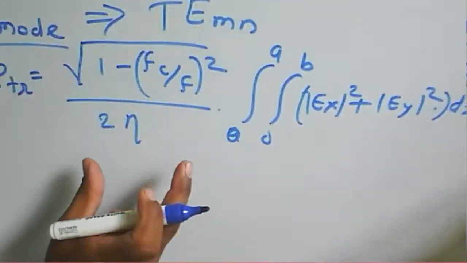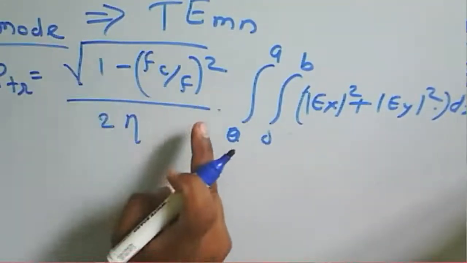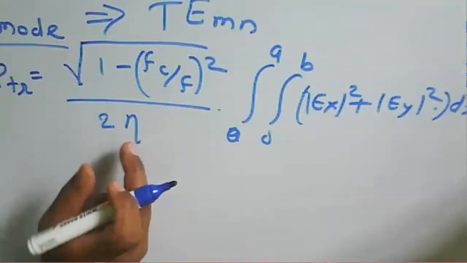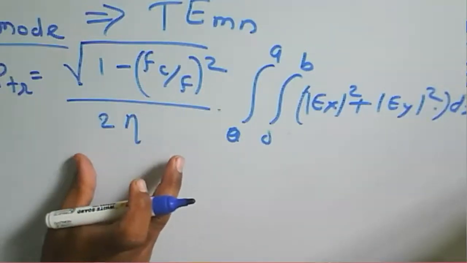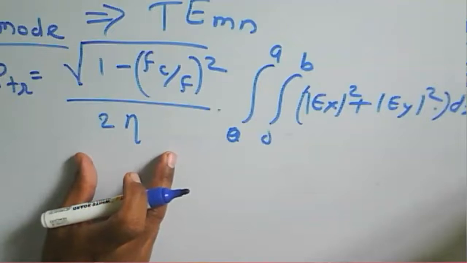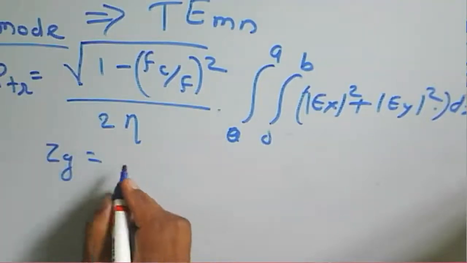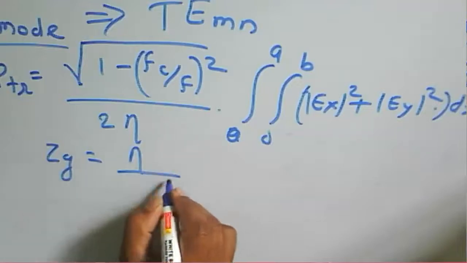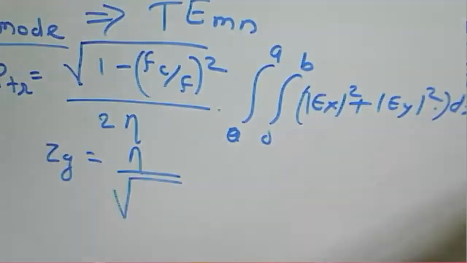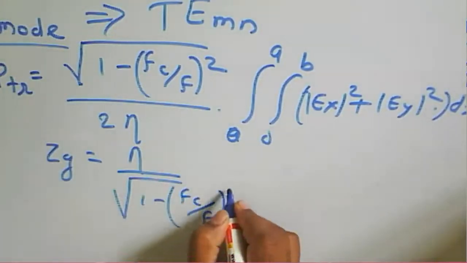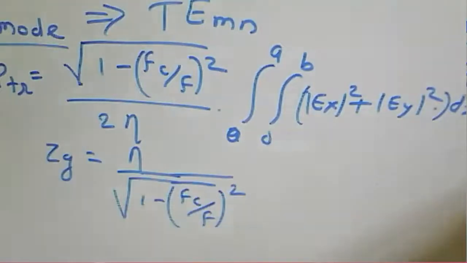And here this expression, under root of 1 minus fc by f whole square by 2 eta, belongs to the Zg here. So we should know that the guide impedance here is equal to eta into under root of 1 minus (fc by f) whole square.